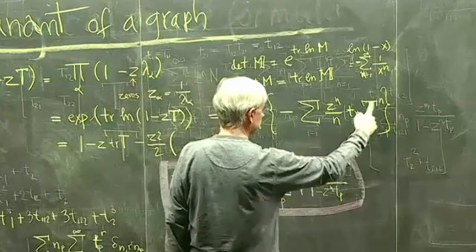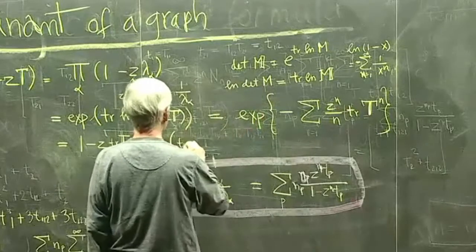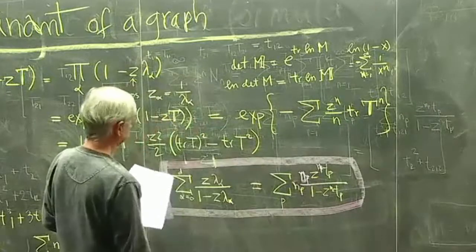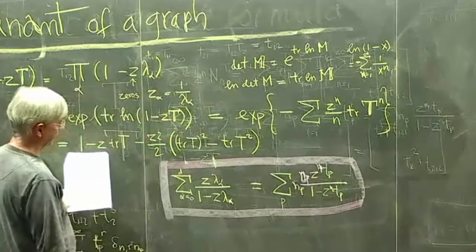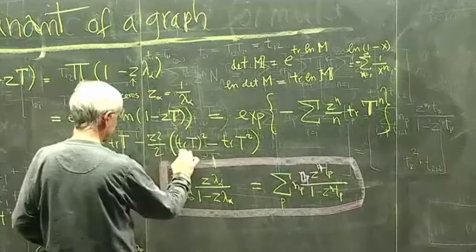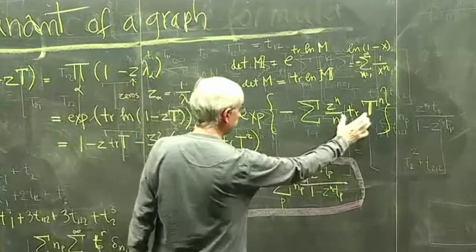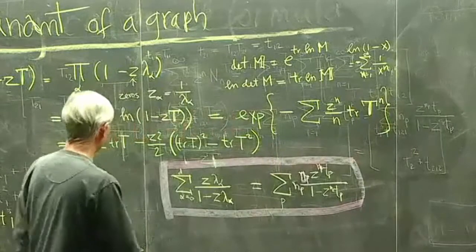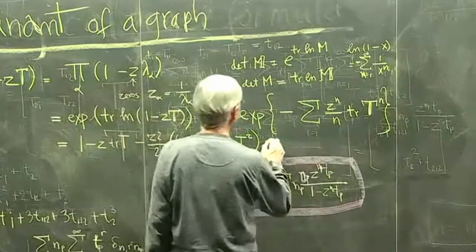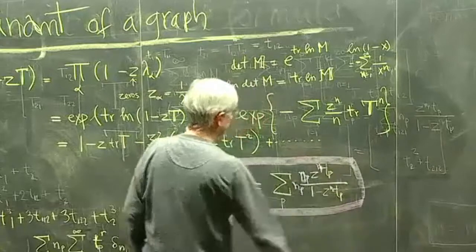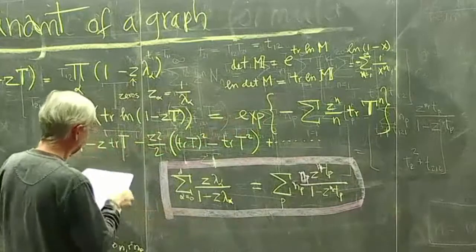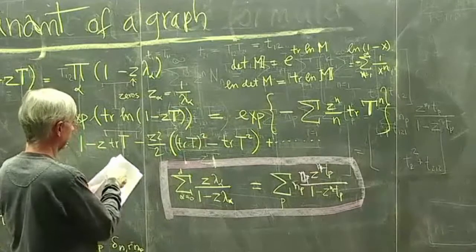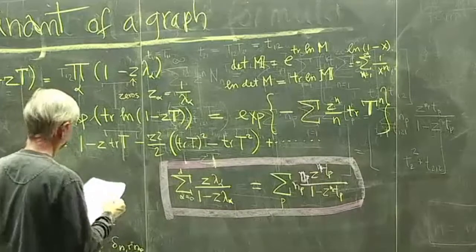There'll be this term, trace squared. So the first term will get squared in this expansion, that gives me this, but I also pick up trace of the matrix to the second power. So the main message is, if I know the traces, I can compute determinants.